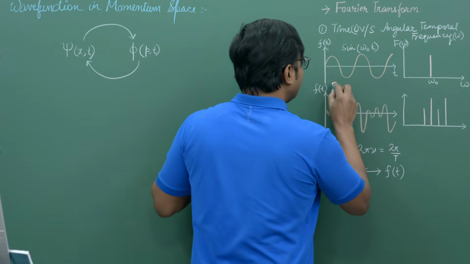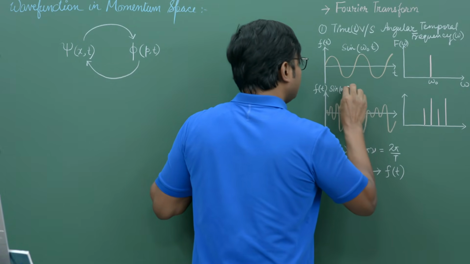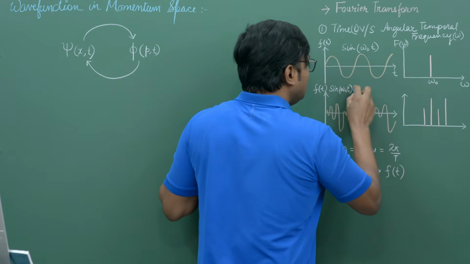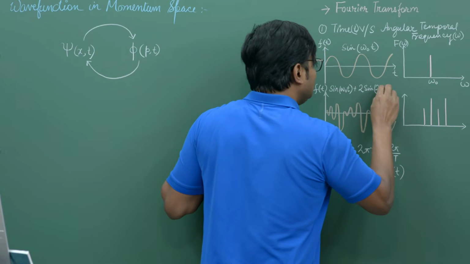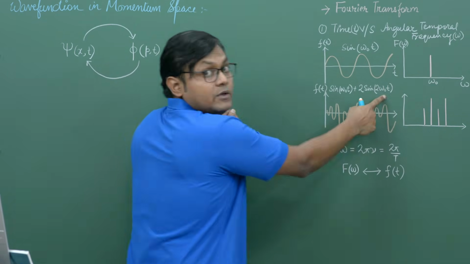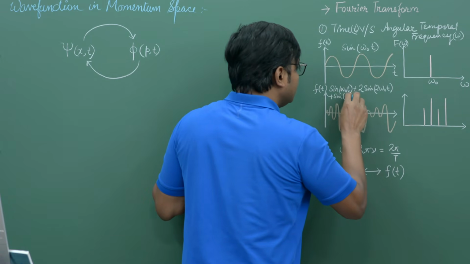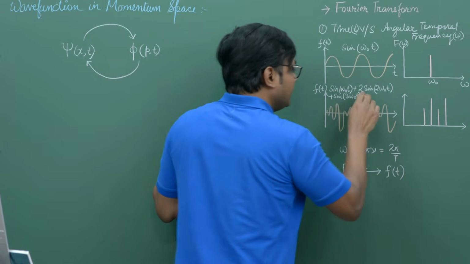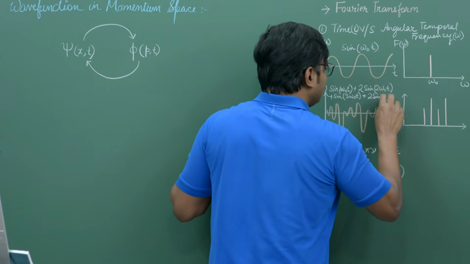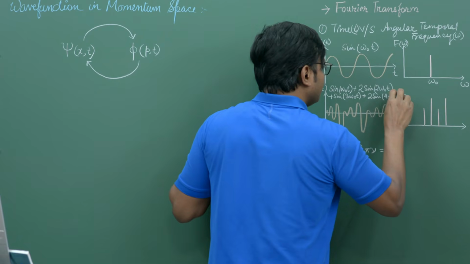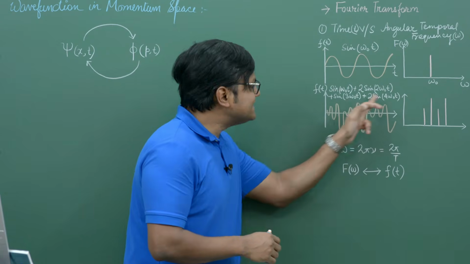So let's suppose I have sine omega naught t, one frequency, plus twice sine 2 omega naught t, another frequency, plus sine 3 omega naught t, another frequency, and plus twice sine 4 omega naught t. So this is a summation of 4 distinct frequencies.